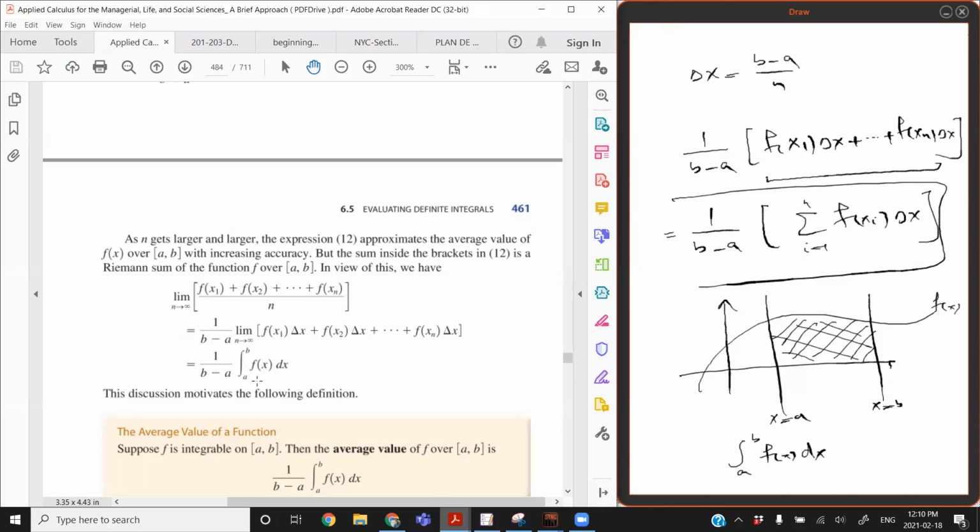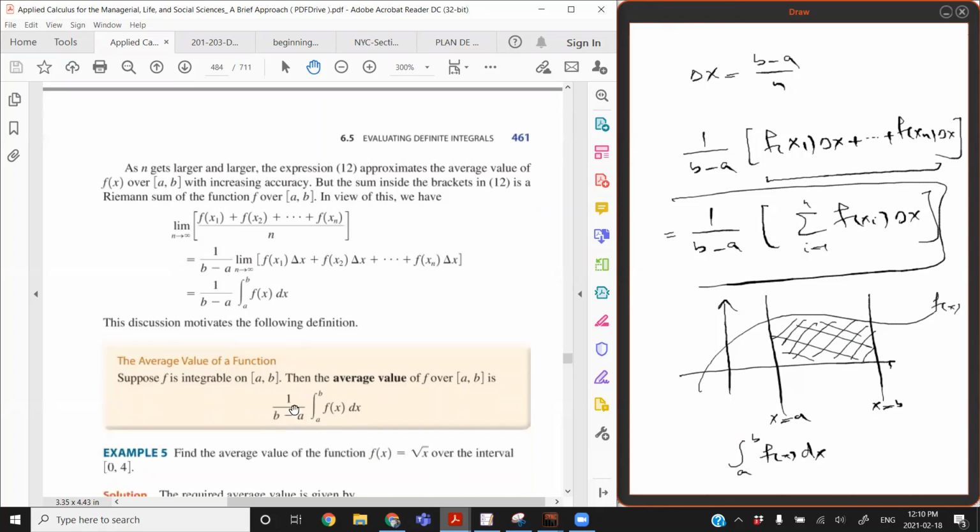So the average value is going to be 1 over b minus a times the definite integral from a to b of f of x dx. So we get this formula here.